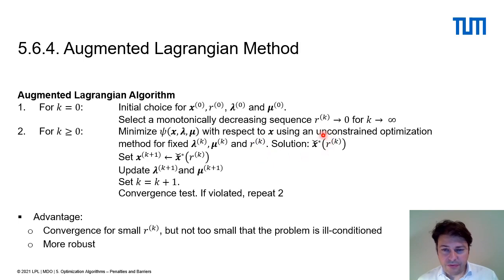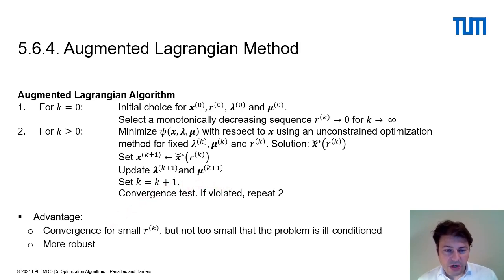You solve for x star, and then you take this as the update of your candidate for an optimum. You also update your Lagrange multipliers, check convergence, and if necessary, repeat.